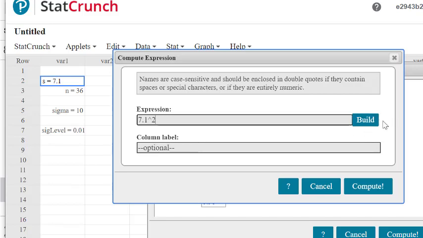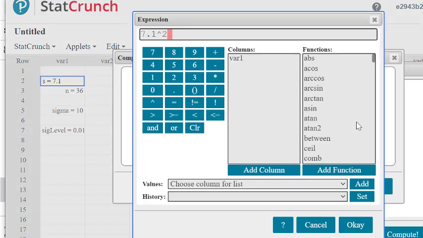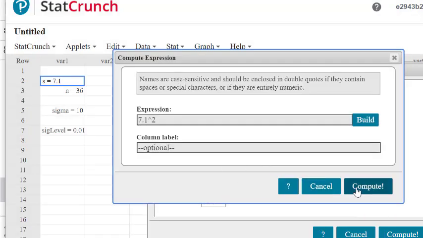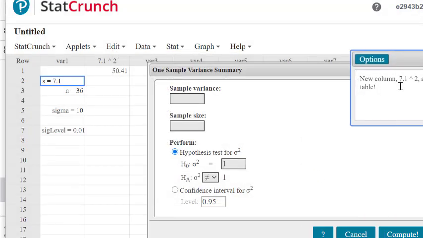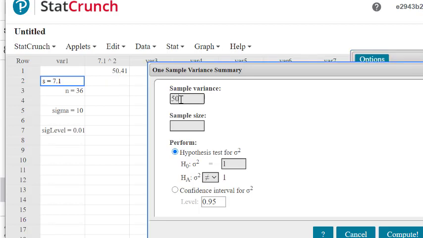Let's just say compute. And it says new column 7.1 squared added to the data. Here's that number over here. It's 50.41. 50.41 is going to be our sample variance.